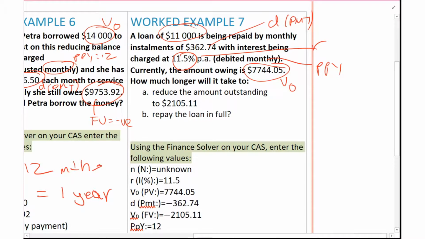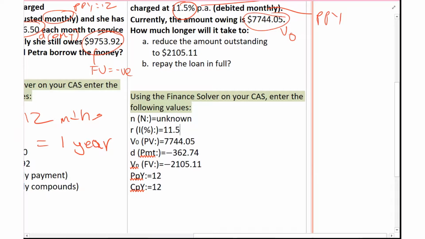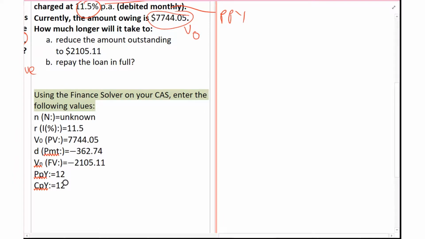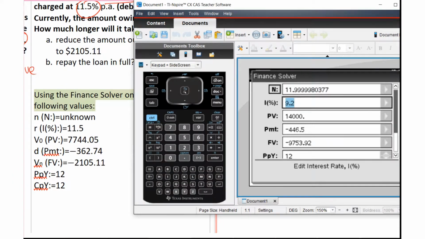Okay. And so, as you can see here, this is what you'd need to put into your CAS. Again, I'm going to move that so I can read it off. And again, I'm after N. So my interest here is 11.5.